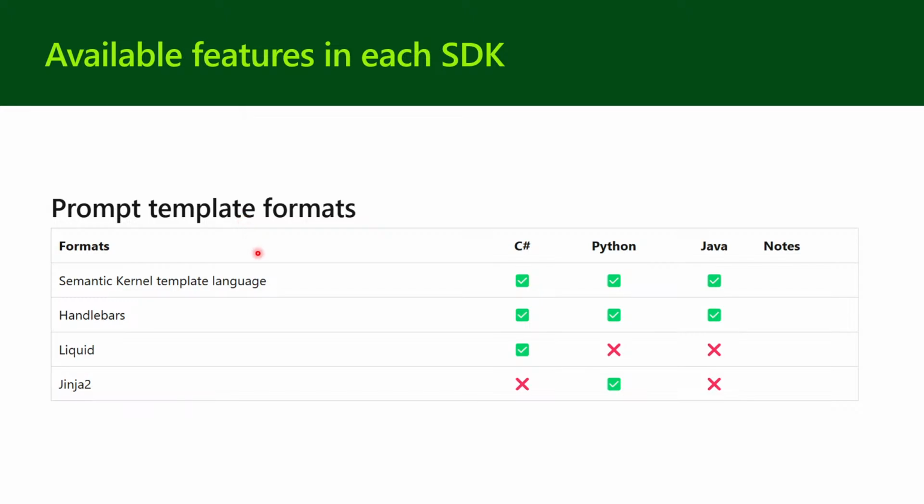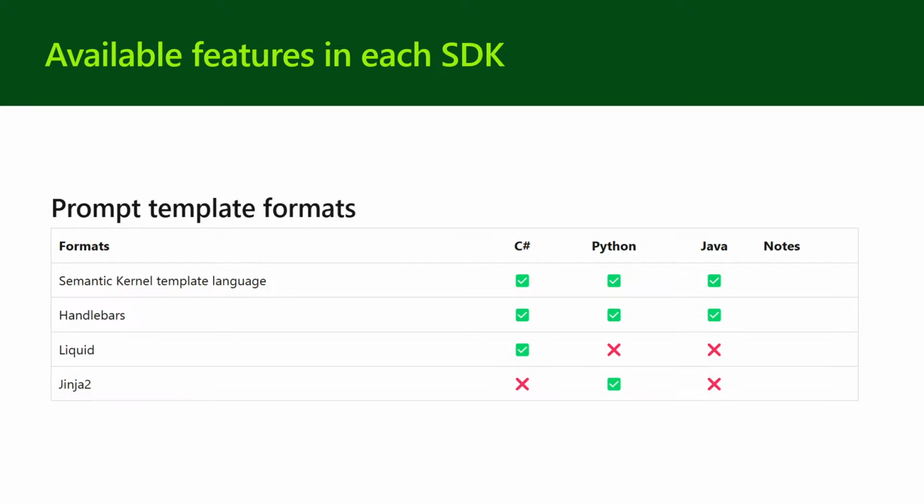So prompt template formats. We will talk about these prompt template formats later on, but you can see which language supports which prompt template formats. So Semantic Kernel provides a variety of template languages.